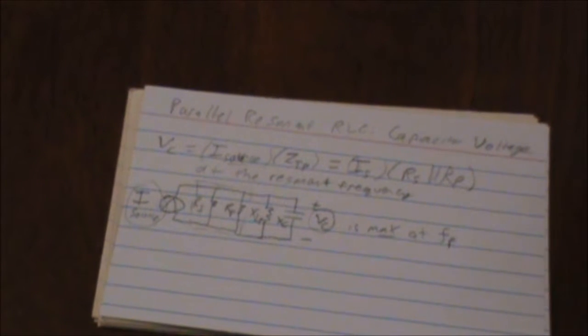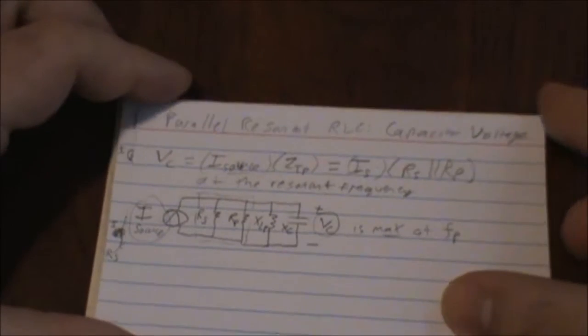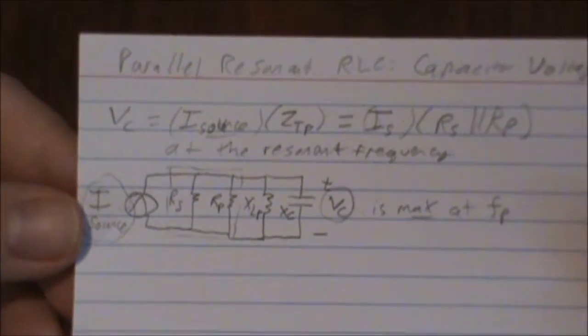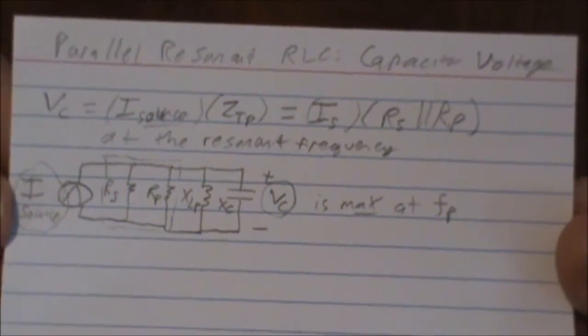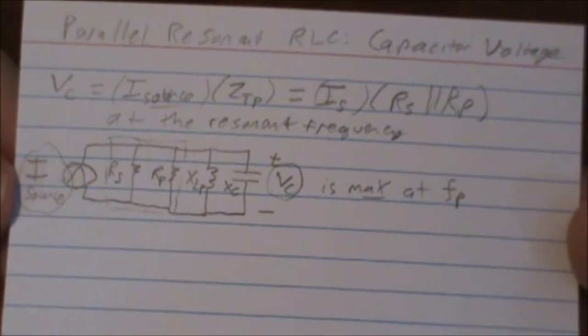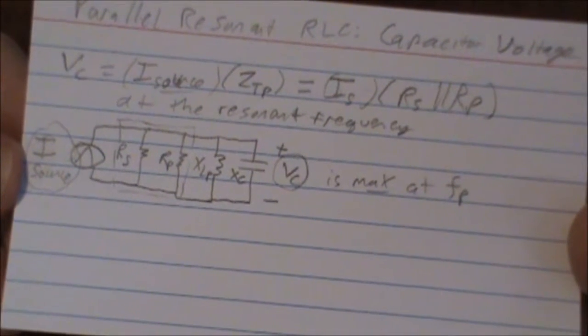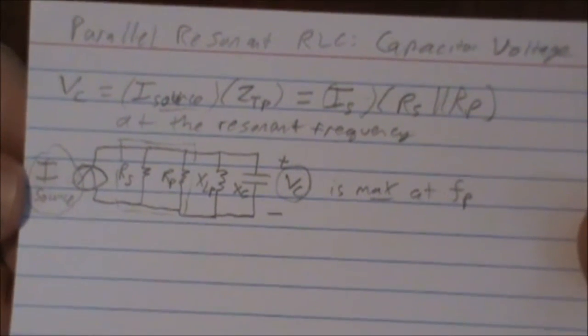So, all right. And getting back that voltage across your capacitor, V sub C is I times Z total parallel of the resonant frequency, I S times source resistor in parallel with the R sub L brought down to R sub P.